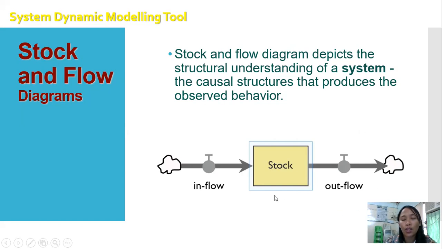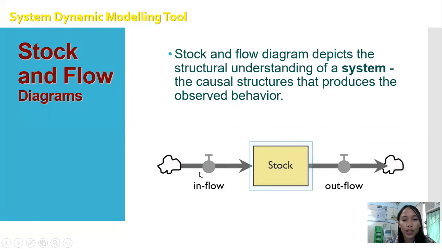Through this, we could identify what are those inflows coming into our stocks, and what are those outflows coming out from our stock. And through some powerful software, we can then simulate what if there are changes in our inflows, what will happen to our stocks? If there is an increase or decrease in our outflows, what will happen to our stock?